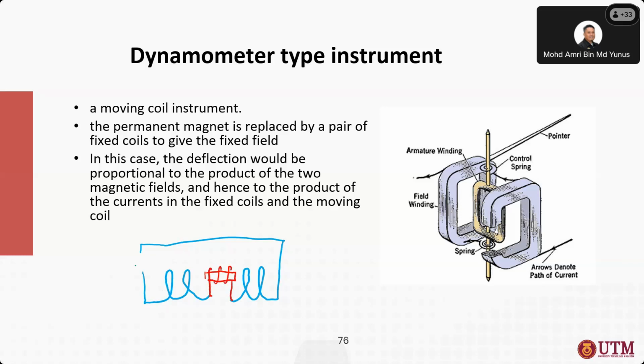So the connection looks like this. This is fixed winding one, and then this is fixed winding two, and then the AC source comes from here.